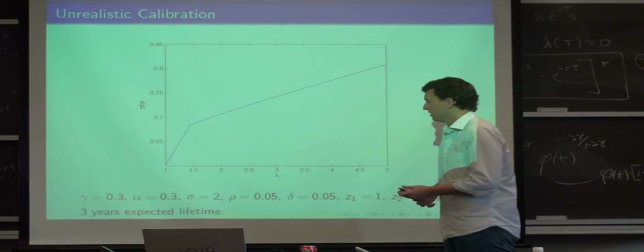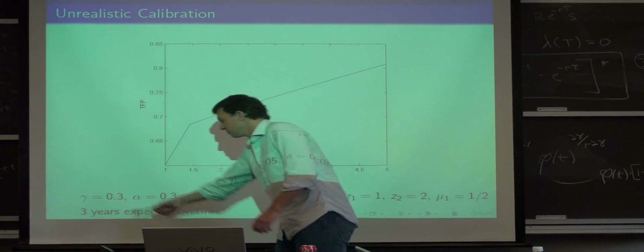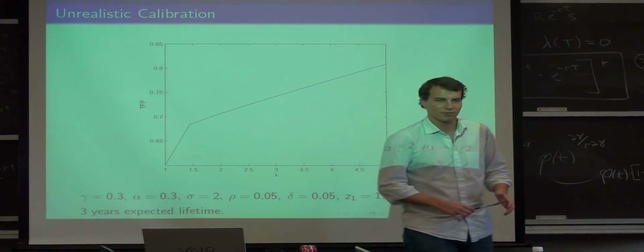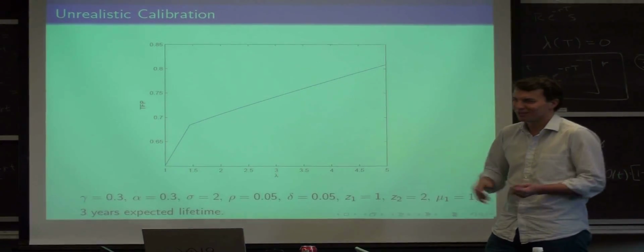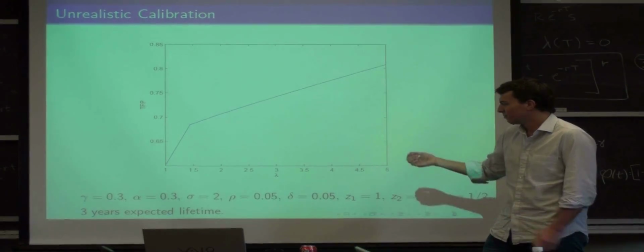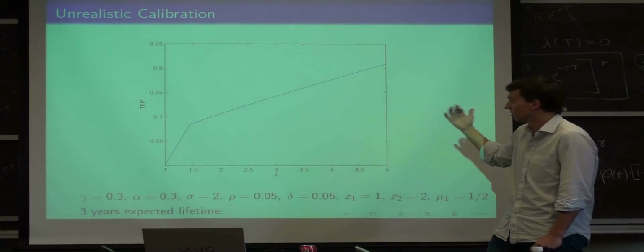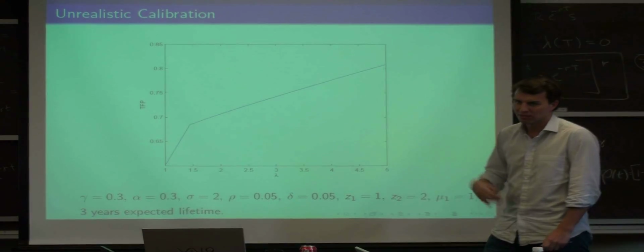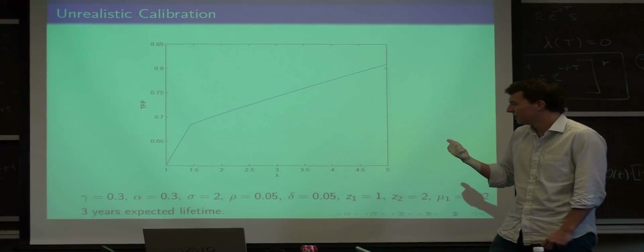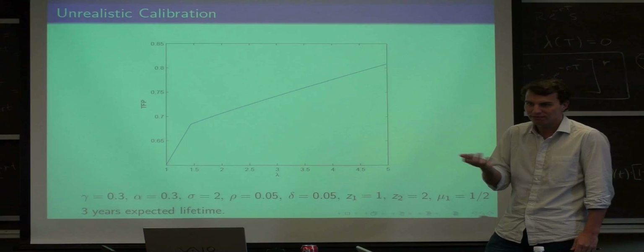So if you put in an unrealistic calibration, which is 3 years life expectancy, which obviously is complete rubbish, you can see that you get pretty big TFP effects. Why do I think this is interesting to look at, even though people don't live for 3 years?